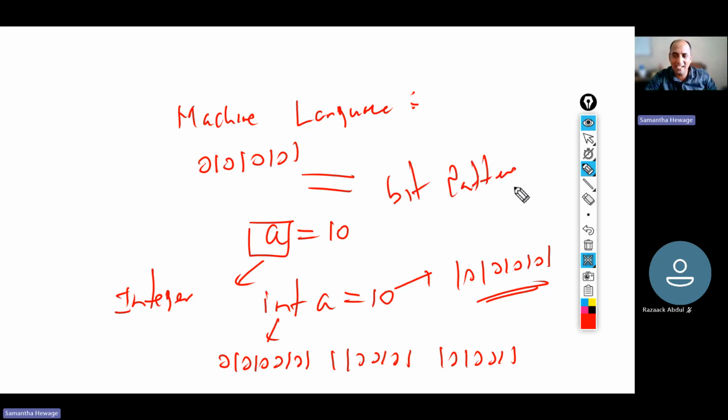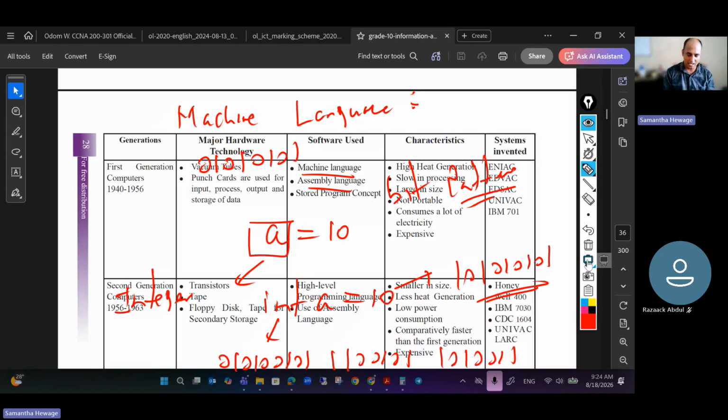Normally, you know that our computer uses a certain bit pattern. Can you remember which bit pattern we are using? Binary. Binary, right? Yes, binary, and we have a special name for that.